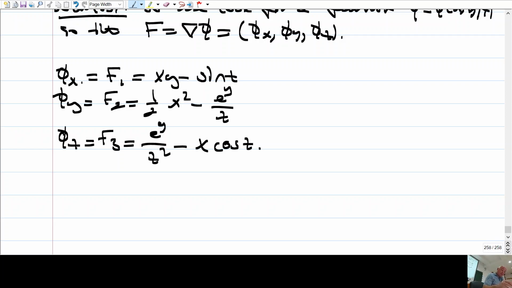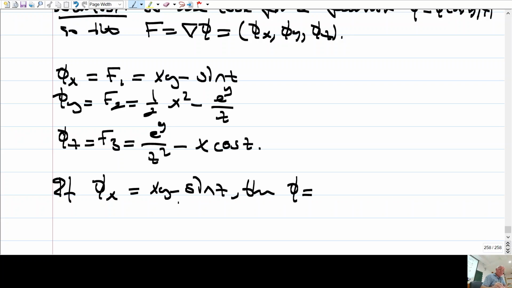How can we find such phi? Well, let's start with this equation. Phi sub x is equal to xy minus sine z, so what is phi? Phi is the antiderivative of this with respect to x.